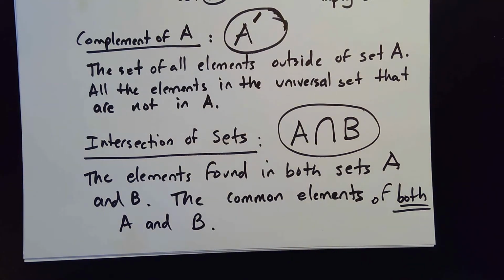That's the notation. Now the union of A and B, the union is all the elements in A and all the elements in B together. You put them together and you create a long list of everything.